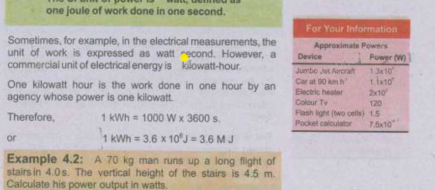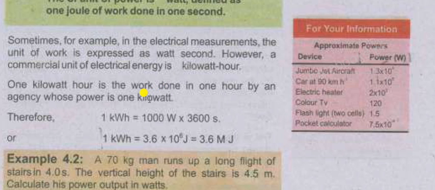The unit of electrical power is watt or kilowatt, but kilowatt hour is the commercial unit of electrical energy, and it is defined as the work done in 1 hour by an agency whose power is 1 kilowatt. एक ऐसा सोर्स जिसकी पावर हमारे पास 1 किलोवाट हो, वो 1 घंटे में जितना काम उसके थ्रू होगा, that will be equal to kilowatt hour.